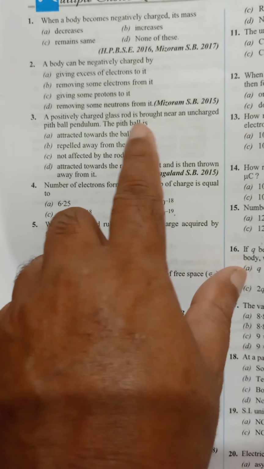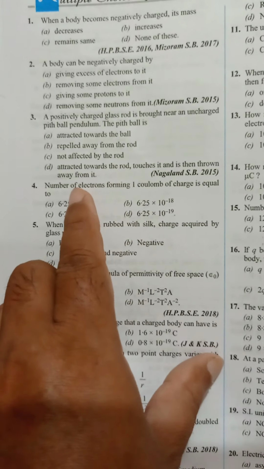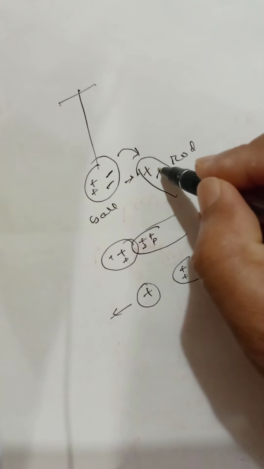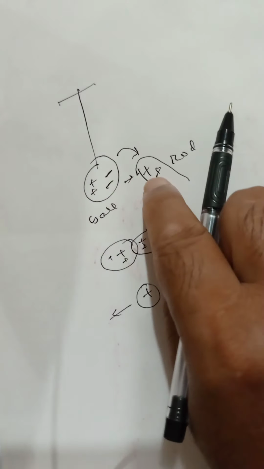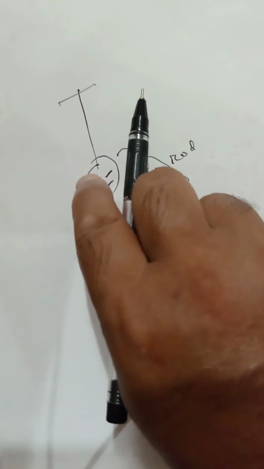What is the question? When a positively charged glass rod is brought near an uncharged pith ball pendulum, the correct choice is D. Initially, as soon as the pith ball comes very close to the positively charged glass rod, induction occurs. Due to the induction, negative charges are induced here and positive charges here.